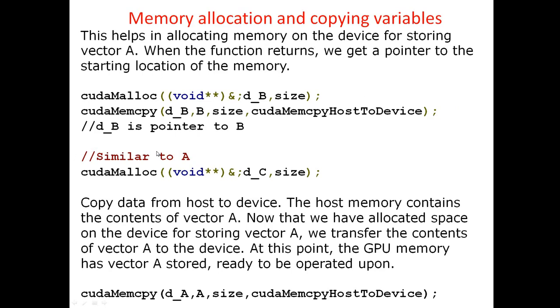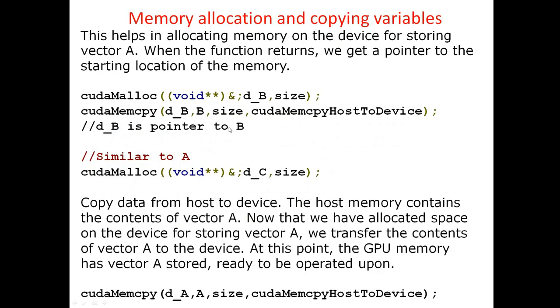So the same thing we have explained, now in a little more detail. The cudaMalloc is basically allocating memory in the device, far off place. The memory copy and cudaMalloc functions are the ones we explained earlier.